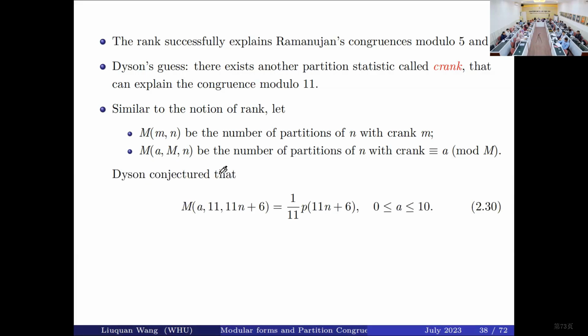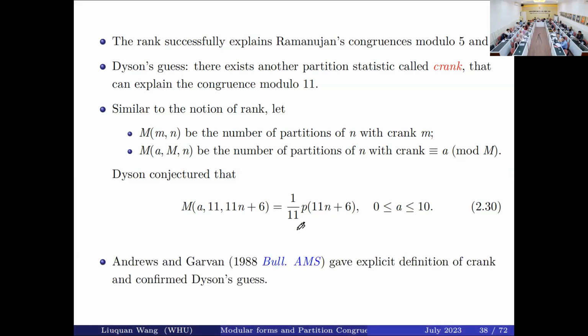And Dyson conjectured that by classifying the partitions of 11n+6 according to the residue of the crank modulo 11, the partitions of 11n+6 can be divided into 11 equinumerous classes. So this naturally explains that p(11n+6) is a multiple of 11. And this was later confirmed by Andrews and Garvan. They gave the explicit definition of the crank.